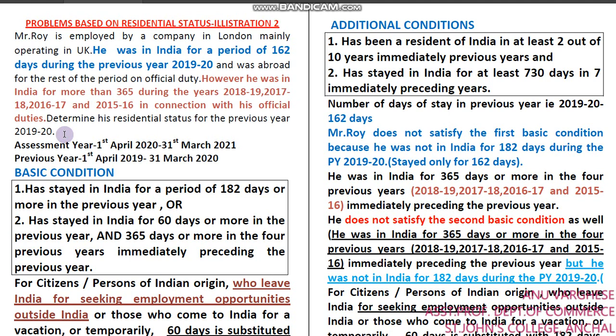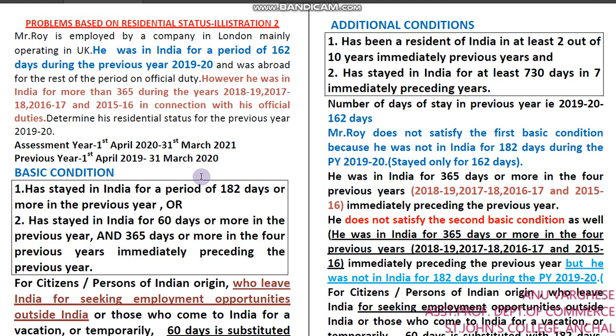Before doing the problem, you should write down our assessment year and previous year. Our assessment year is 2020-2021 and previous year is 2019-2020. Okay, in the last class also I told you that if you write like this, you will avoid a lot of confusion which may arise while you calculate the number of days of a particular year.